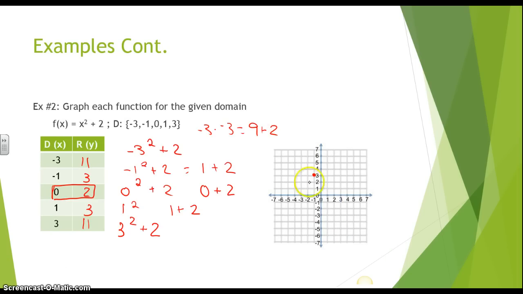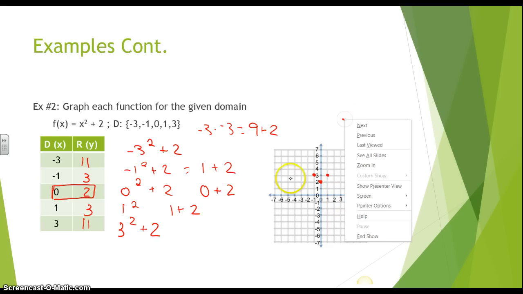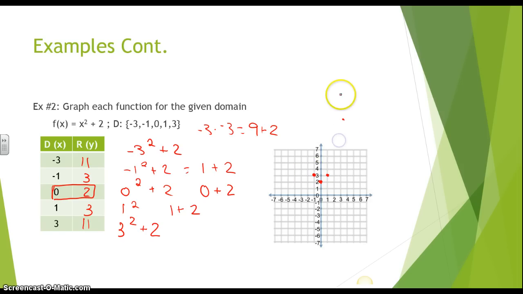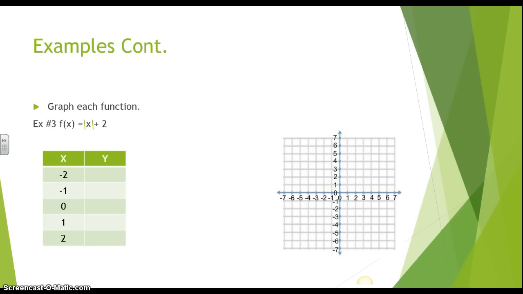Then I have 1, 3. And I have 3, 11. What you'll notice is this is going to be a parabola graph. Just like that.